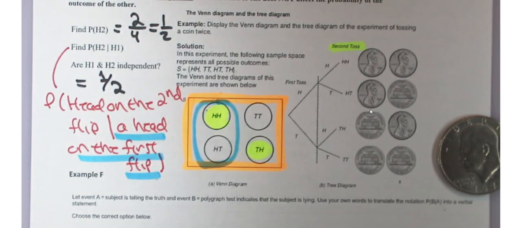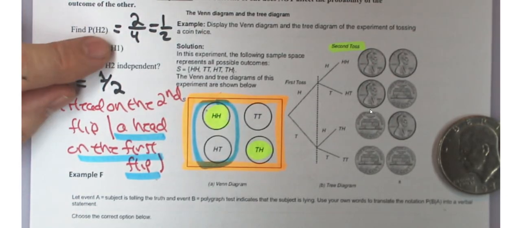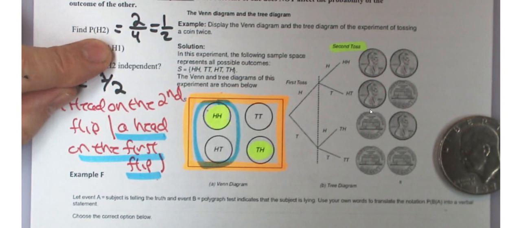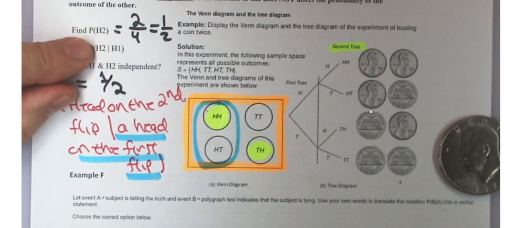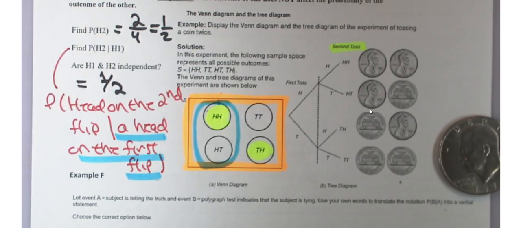So did the information that we had a head on the first flip change the probability of getting a head on the second flip? No, they're the same. So does that mean these events are dependent or independent? Independent. And that makes sense, right?